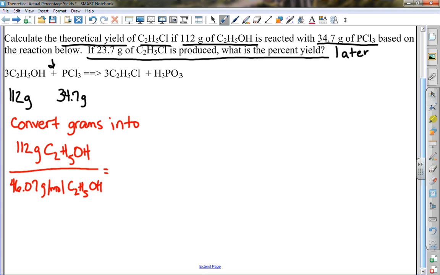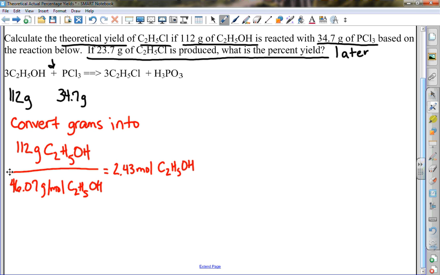That's going to give us 2.43 moles of your ethanol, C2H5OH.